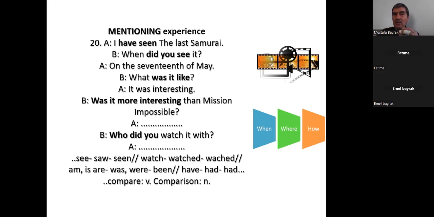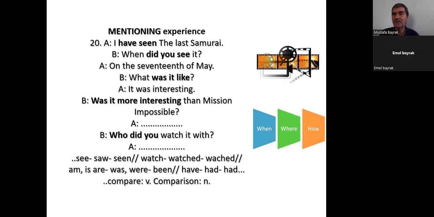But when we go into details, when we want to give extra information about it, we use simple past tense. And when we want to learn something about an experience, we ask simple past questions. This is a really important detail.